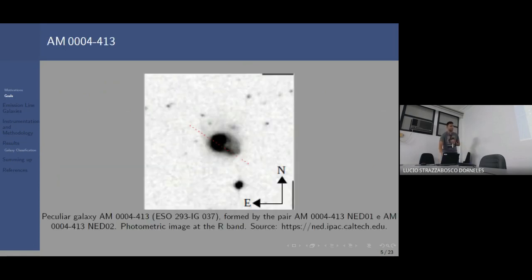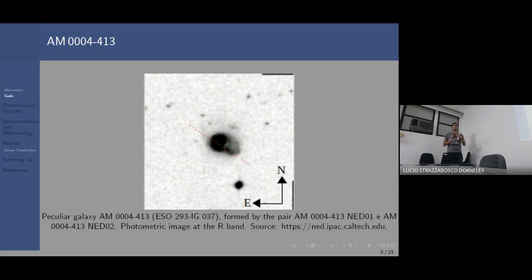So here is the galaxy. We cannot see very well on the slide, but we have here a matter loop, and we have in the red dotted line the slit of the spectrum that we took.